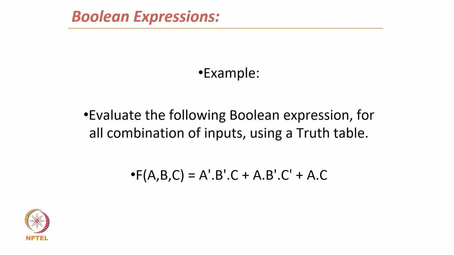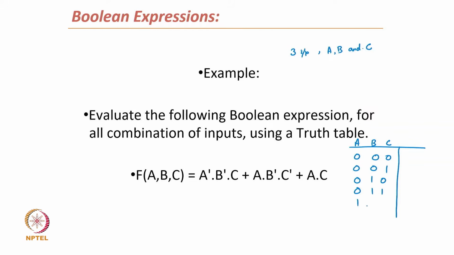For example, we have this Boolean expression and these 3 inputs, A, B and C. So, we will have 8 possible combinations of A, B, C: 0 0 0, 0 0 1, 0 1 0, 0 1 1, 1 0 0, 1 0 1, 1 1 0, 1 1 1.